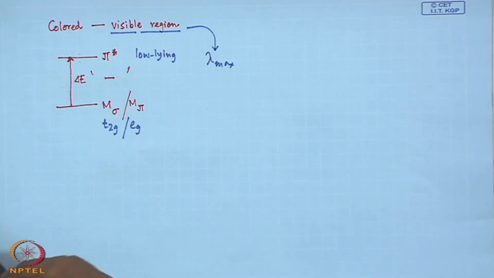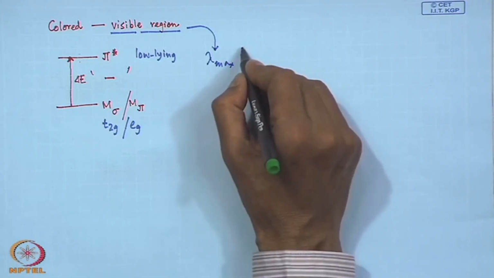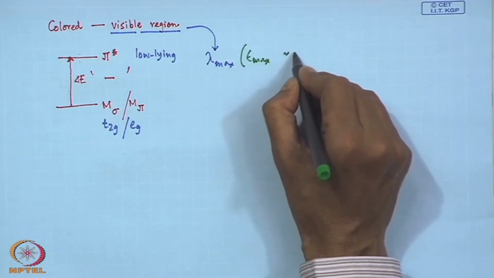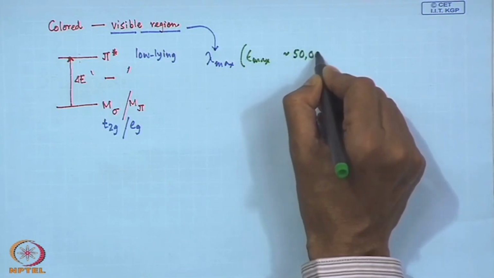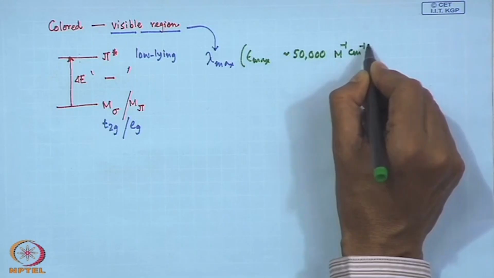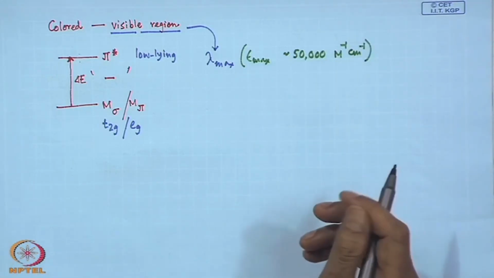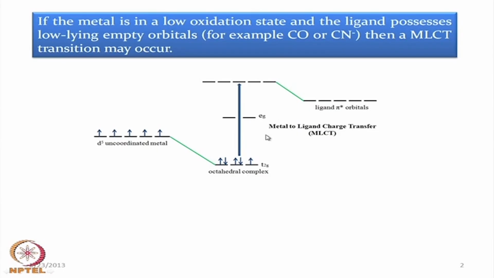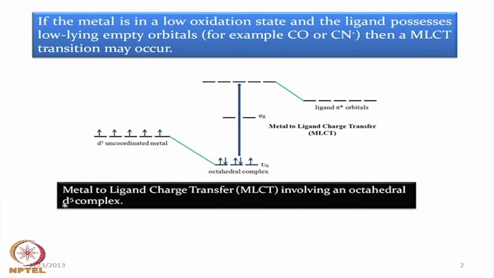We see the color in the visible region, as also the corresponding epsilon max values, which are several thousands, say 50,000 or so, in mole inverse centimeter inverse units. So this charge transfer gives us these values. So for a d5 complex, we can have the metal to ligand charge transfer in an octahedral complex.